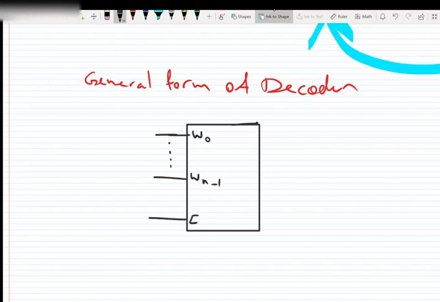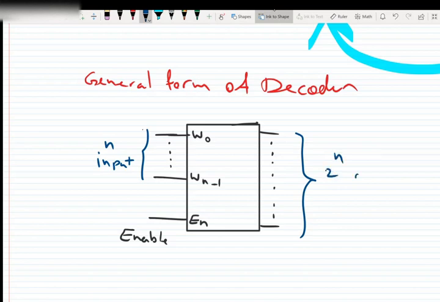We have one enable, and the inputs are n inputs, from 0 to n-1, which is n, and of course we have 2 to the power of n outputs.